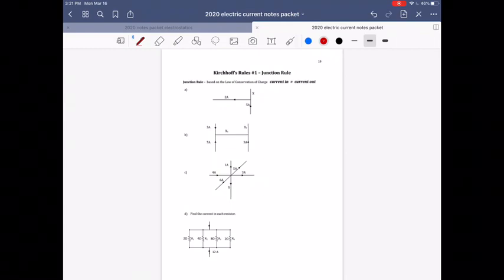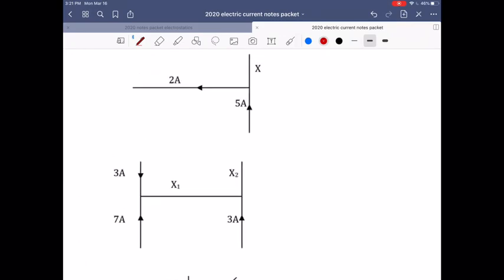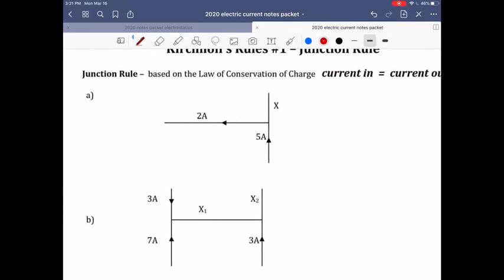So it's a very simple process, and you basically look at a position where the 2 wires meet, such as that point in letter A, and we see we have the charges or the current going in. So we have current in is equal to the current going out.